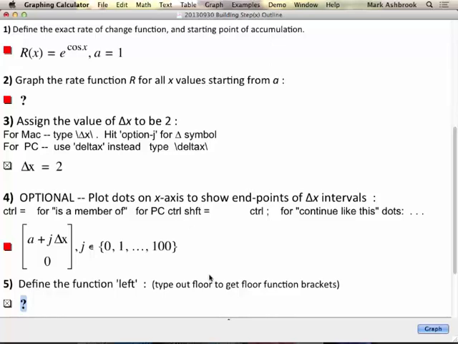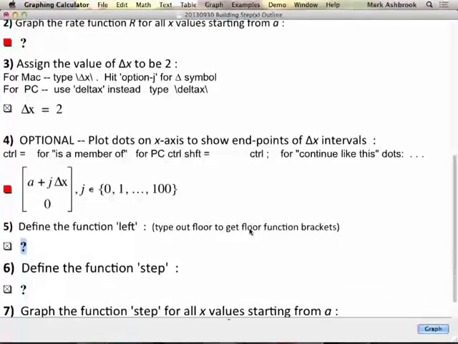Okay, step 5. Define the function left. So remember, you want that whole string to be a single label, and that's going to be the name of your function, like F, or like capital R. So you're going to define that function left. And that's what we worked hard in class today to do. And then after that, you're going to define the function step.